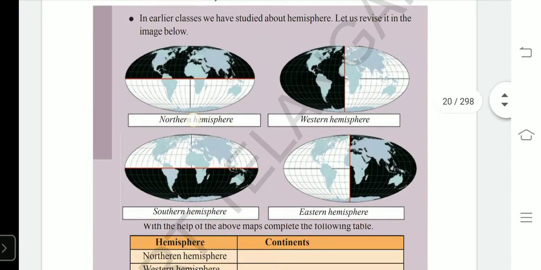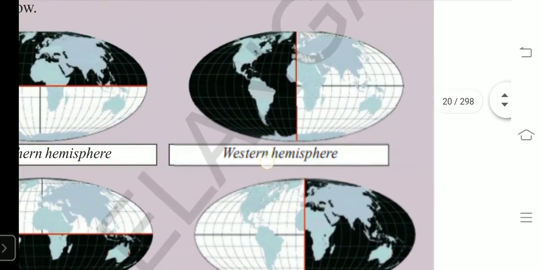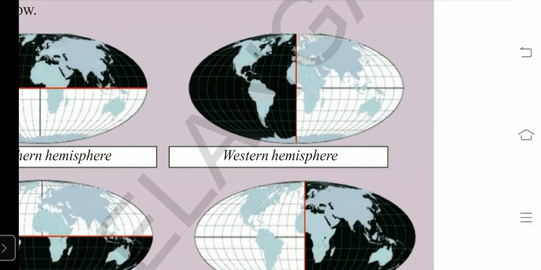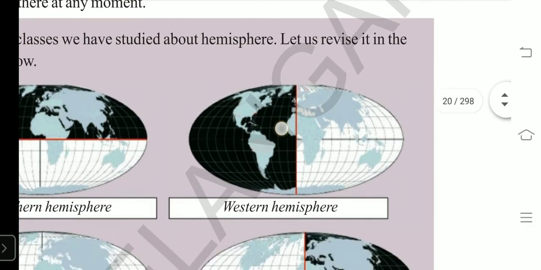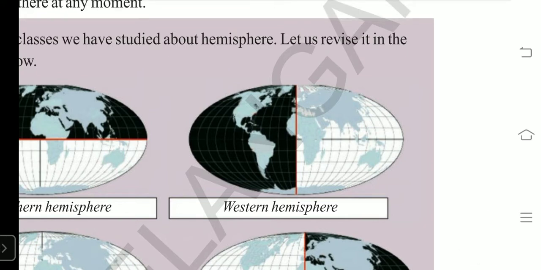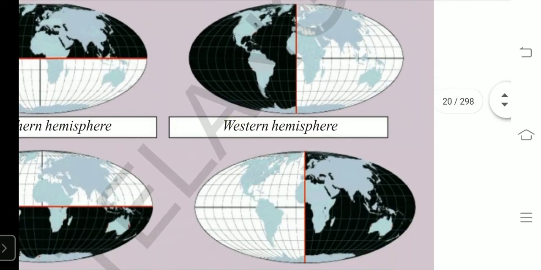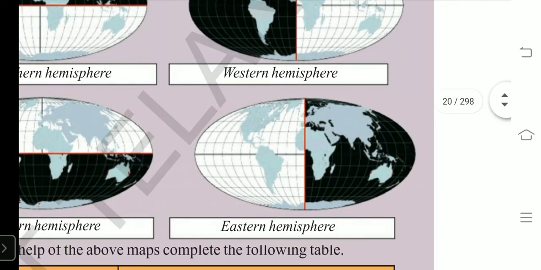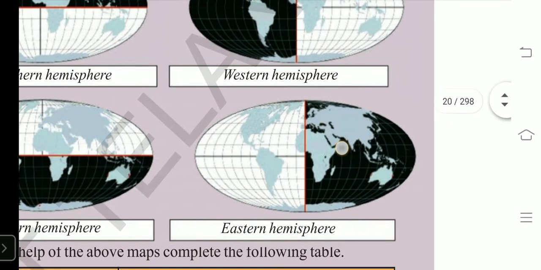Look at this figure, dear students. See, this is a line, that is Greenwich. This line, Greenwich, divides Earth into two equal halves. This is the Eastern Hemisphere as it is towards the east, and the other is on the west side, that we call the Western Hemisphere, right? The black shaded color shows that it is the Eastern Hemisphere.